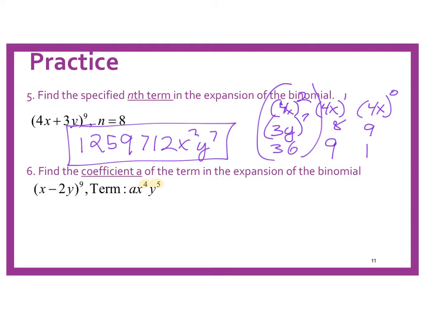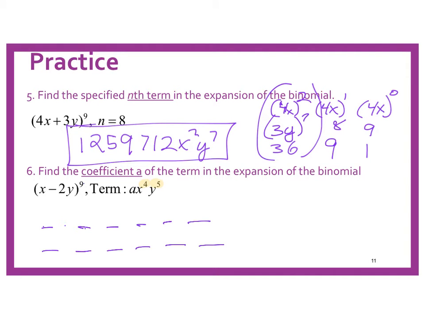So I would have had x to the 9, 8, 7, 6, 5, 4. So that's the term I want. For the y's, I would have had 0, 1, 2, 3, 4, and 5.